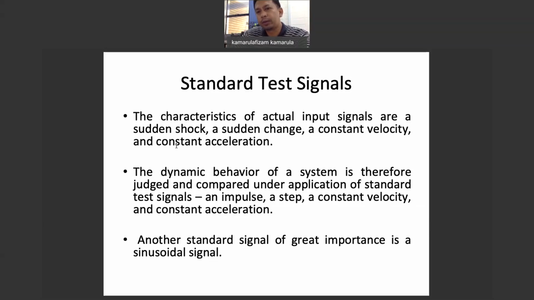Sometimes the system experiences constant velocity and acceleration, or any kind of disturbance that may take any of this behavior. Point number 2 here says that dynamic behavior is judged and compared under application of standard test signals. We have impulse, step, velocity, and acceleration. Another standard signal, also important, is the sinusoid.